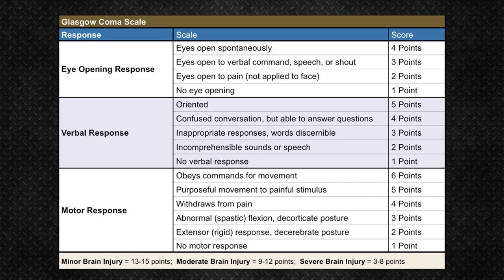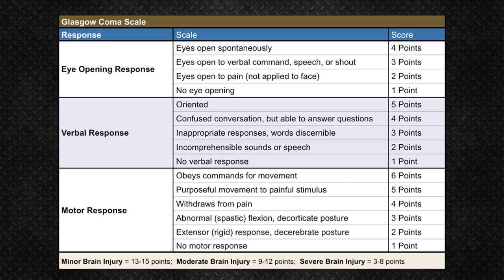If by the end of the 10 seconds you're really squeezing on that muscle and they make no response, that's a 1. But within that 10 seconds, as you're squeezing, if they give you a response, we're going to see what that response is. And that would be your 5 to 2 range.